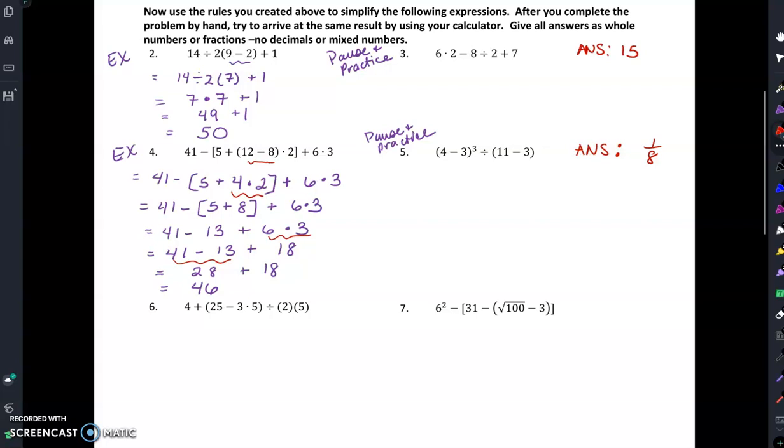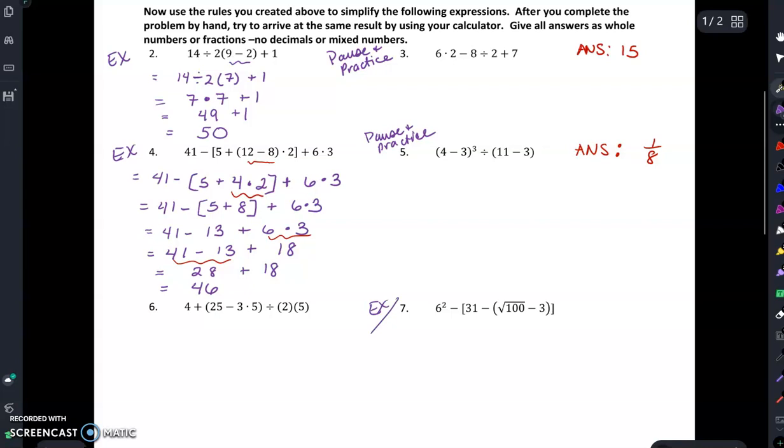So for, let's see, number 6 is a good one. But 7 is a bit different. So I'm going to do number 7, and then I'm going to leave 6 as a classwork because we've gone over similar ones to that.